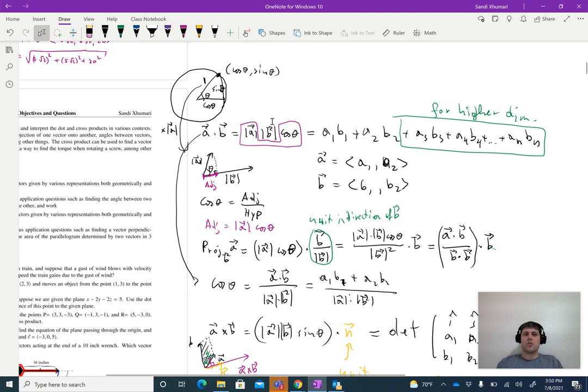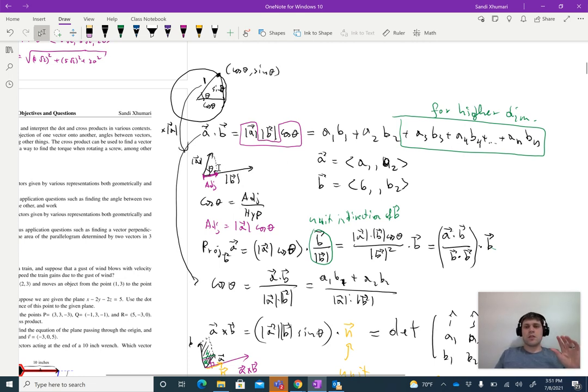Then you take that and you multiply it by b. So that's the reason we say that the dot product is a scaled projection. So you take this projection, which is this adjacent side of the triangle, magnitude of a times cosine, and multiply that by the magnitude of b.